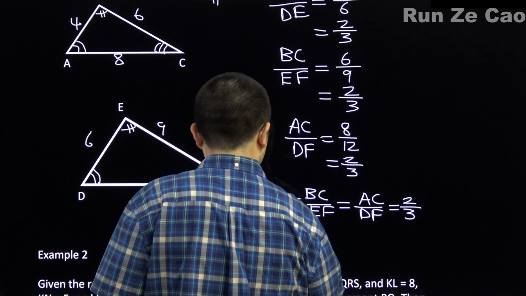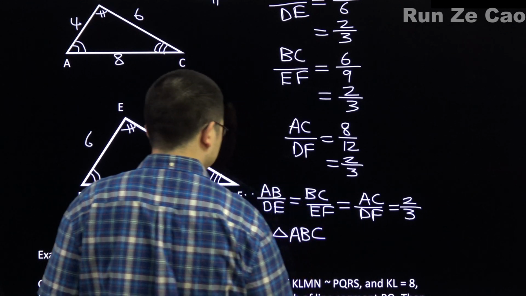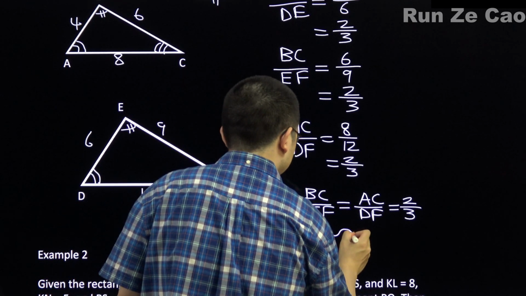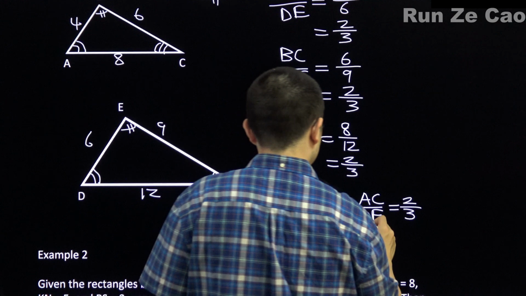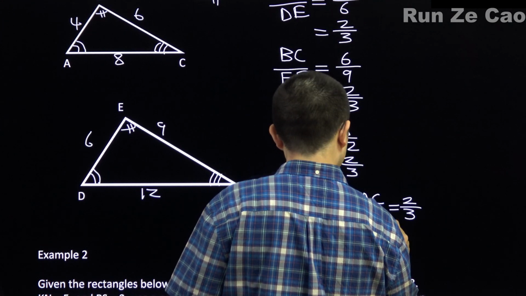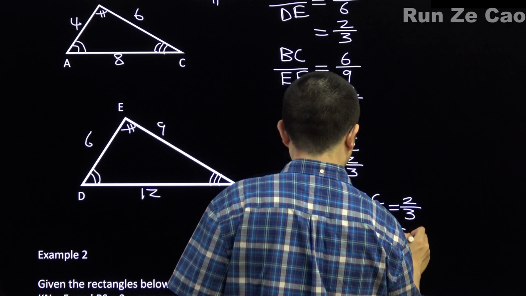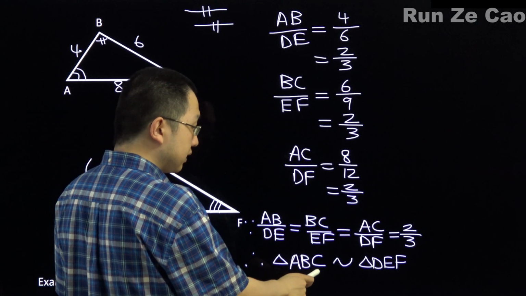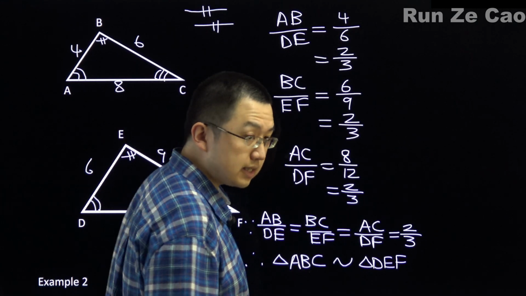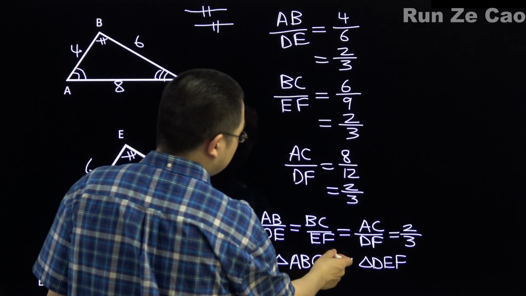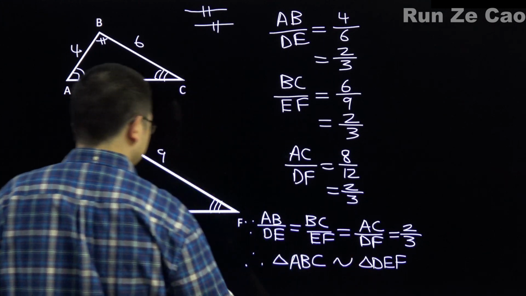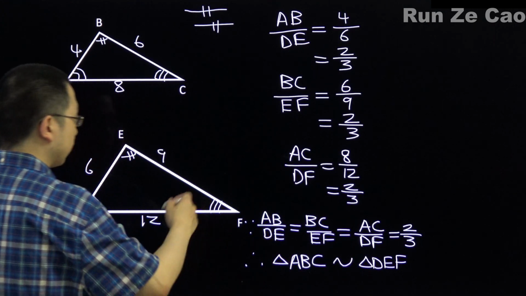So because of this, therefore, triangle ABC is similar to triangle DEF. Note, though, that sometimes you see this squiggle written the other way, like down first and then up.